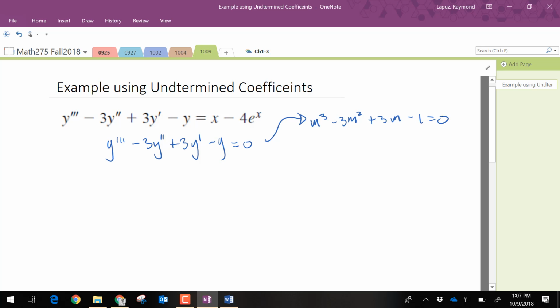So the tricky part here is to try to figure out what the solutions are for this cubic polynomial. And what we hope for is to see if we can factor this. Or you can try to figure it out by plugging in guesses.